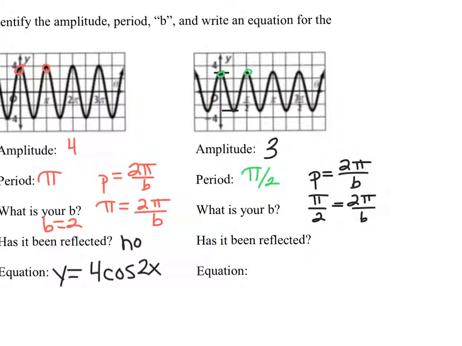So the b has to be 4. Has it been reflected? No, because again, it started at the max. So it's going max, 0, min, 0, max. And your equation is going to be y equals 3 cosine of 4x.